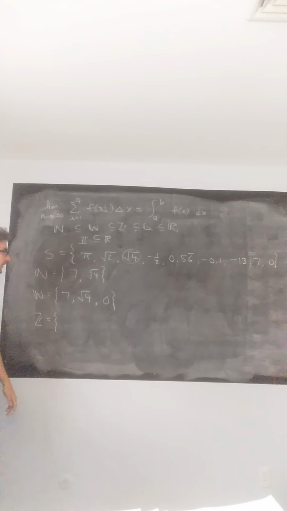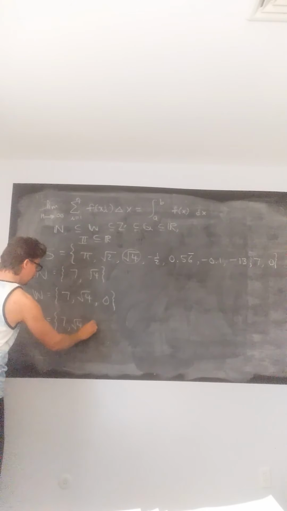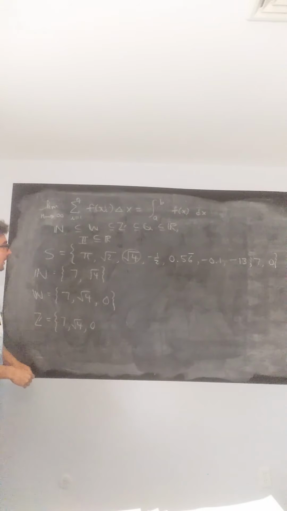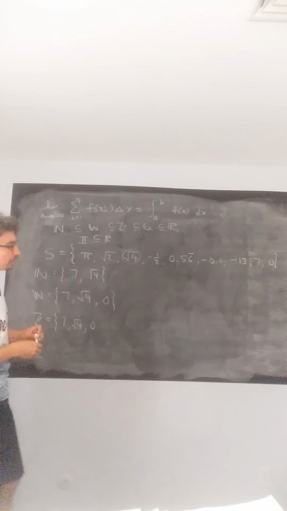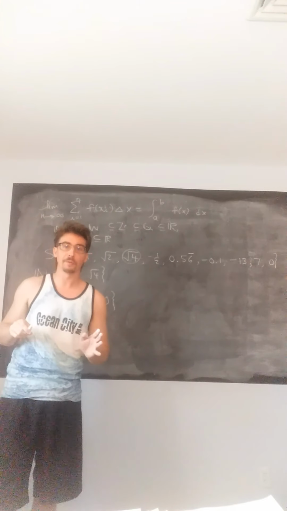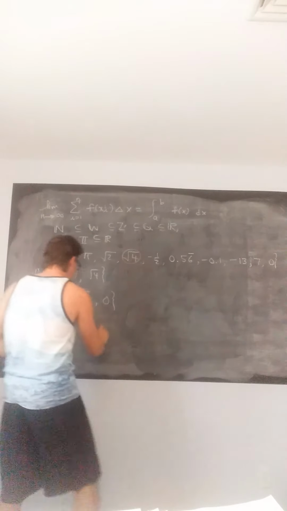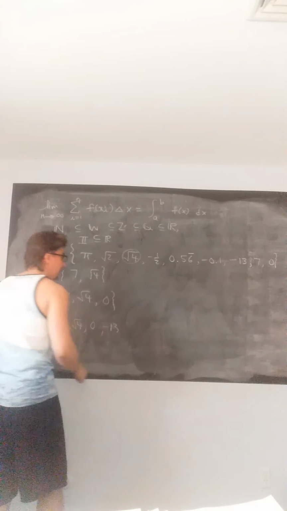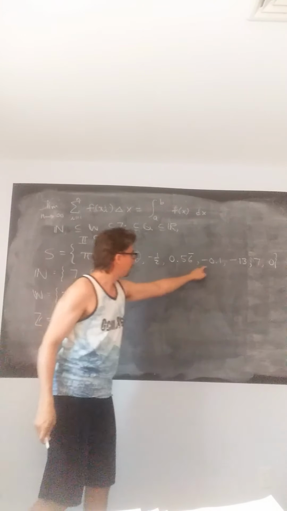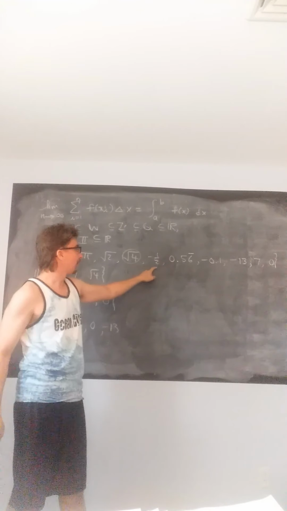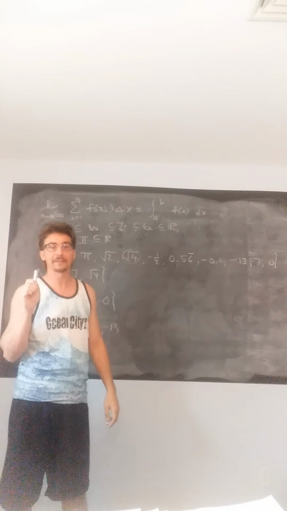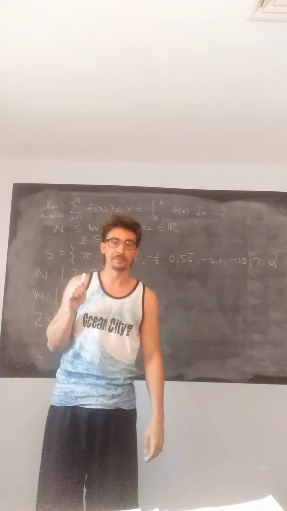Okay, what things would be considered integers? Well, it has to be everything that's in W. So that'd be 7, the square root of 4, and 0. And anything else up here would be considered an integer. Integers are, remember, the positive and negative whole numbers plus 0. So we would have to include the number -13 this time. You may be tempted to include -0.1 and -1/2, but remember, just because it has a negative sign doesn't mean it's an integer, okay?